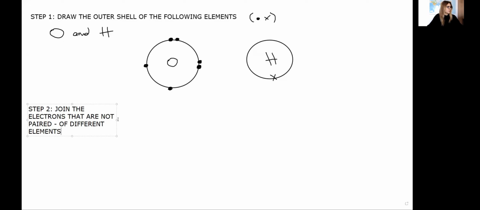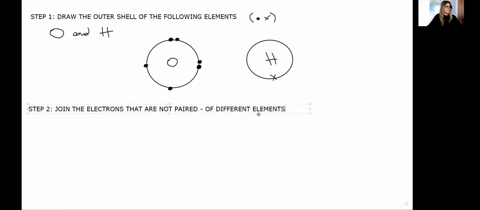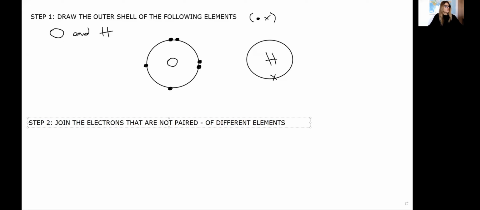Join the electrons that are not paired of different elements. So let's look at that. We have hydrogen and oxygen. By pairing them like this, joining them, we just made a bond. That is a bond. Okay?